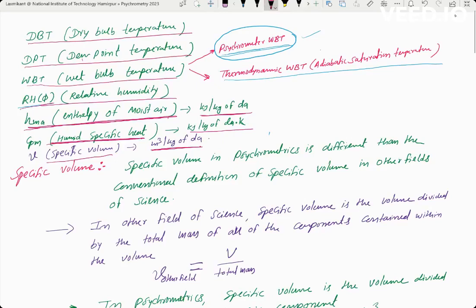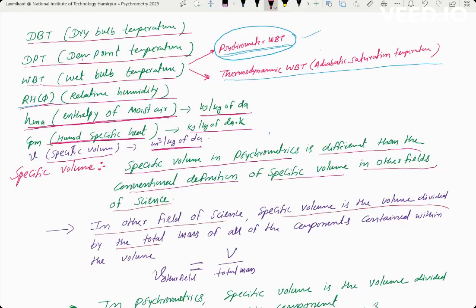Specific volume in psychrometrics is different than the conventional definition of specific volume in other fields of science. In other fields of science, specific volume is the volume divided by the total mass of all the components contained within the volume.